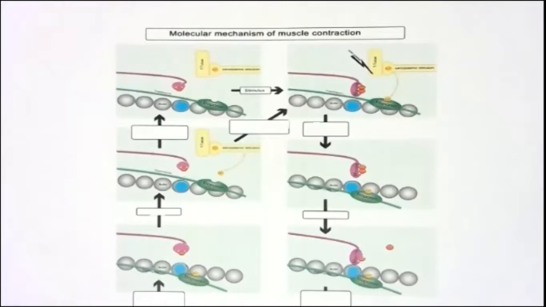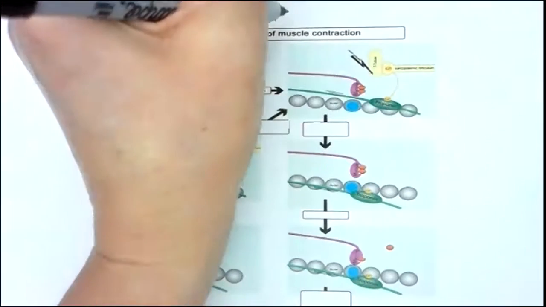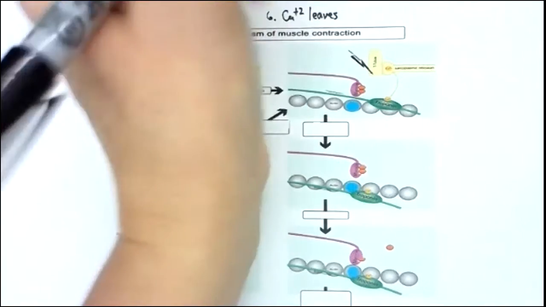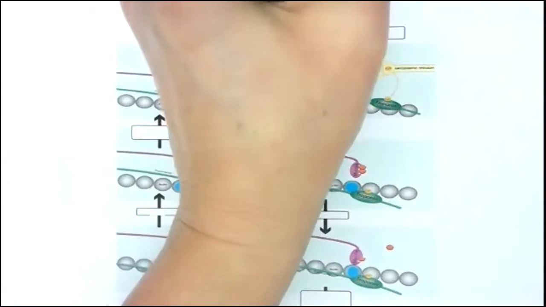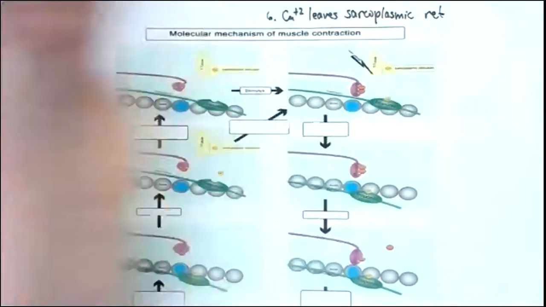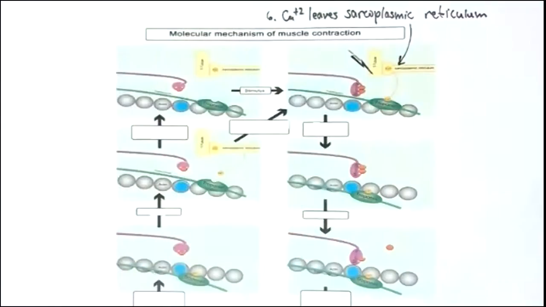This has all of the steps, steps 6 or 7 through 13 in the muscle contraction. So we said we're going to start with step 6, where calcium leaves the sarcoplasmic reticulum, which is what's happening here.